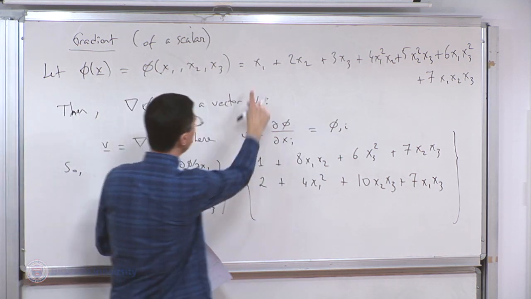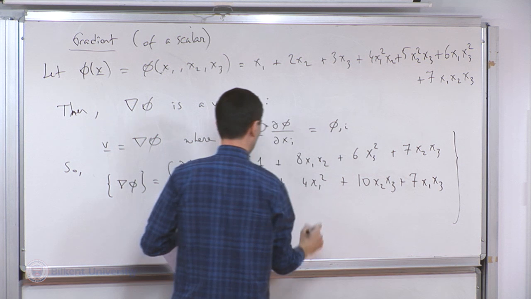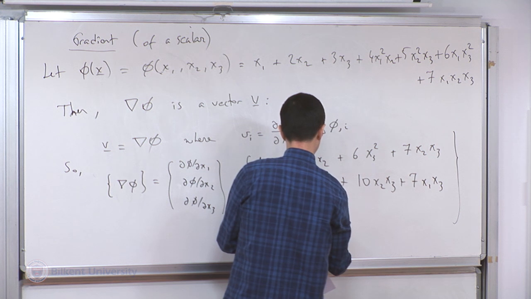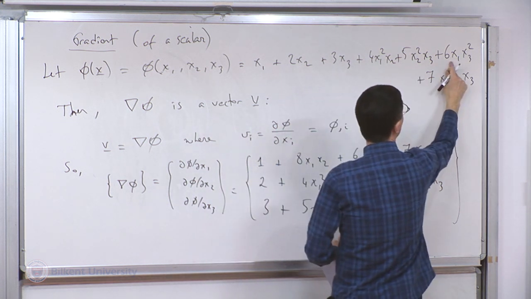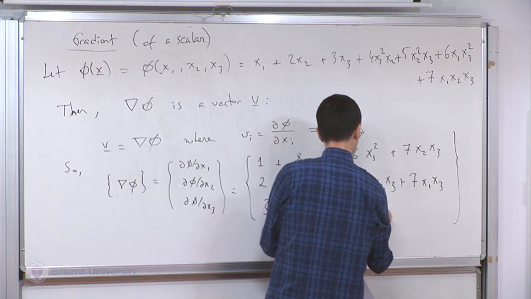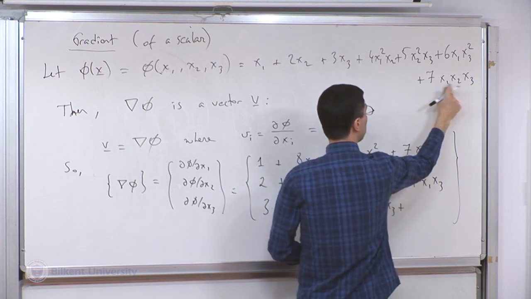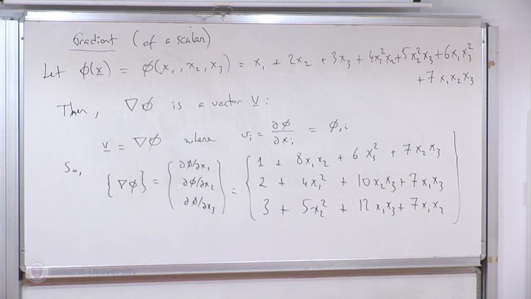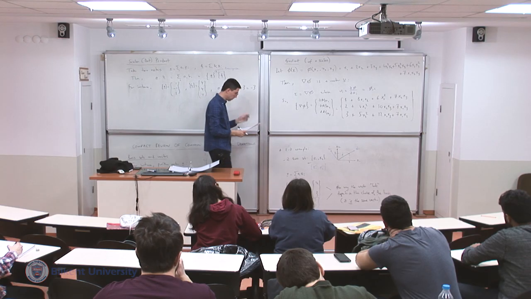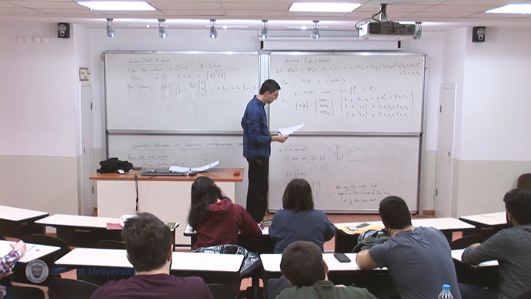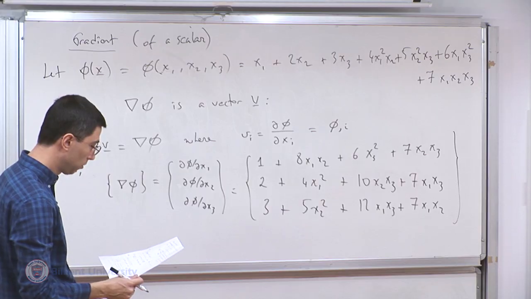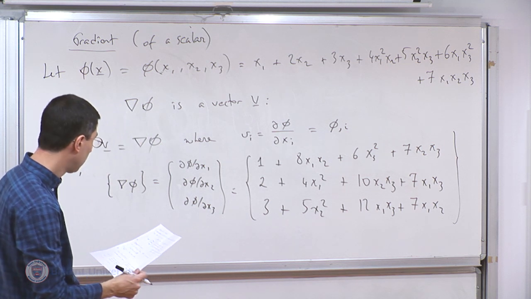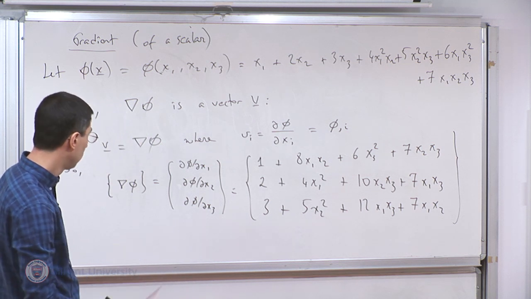And then the third one, 0, 0, 3, 5 x2 squared, 12 x1 x3, and then 7 x1 x2. Just let me know anytime if I happen to make a mistake. You can correct me. I just want to check this because we're going to use this vector. I don't want to have errors here. OK, looks fine.